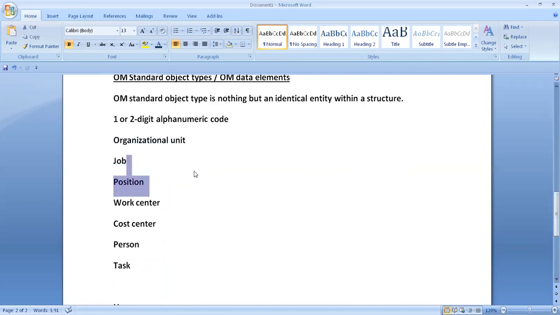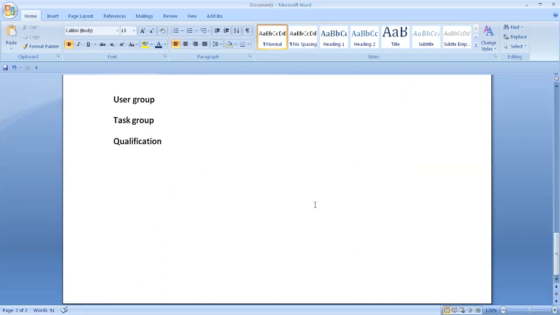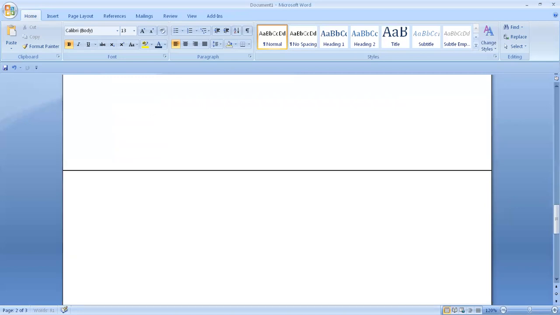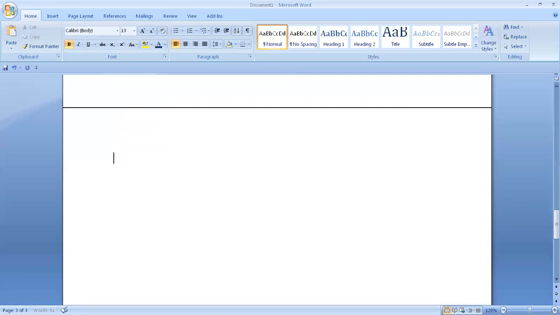But you have to understand these things. So let's understand these important object types. Let's talk about organizational unit. What is an organizational unit and other things we can discuss. So let me go with organizational unit.